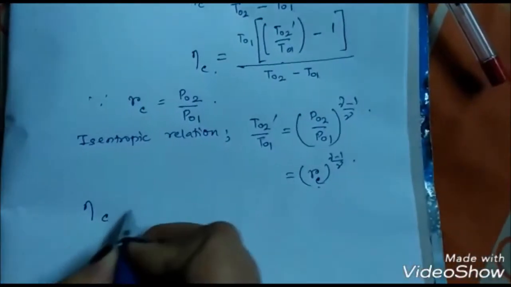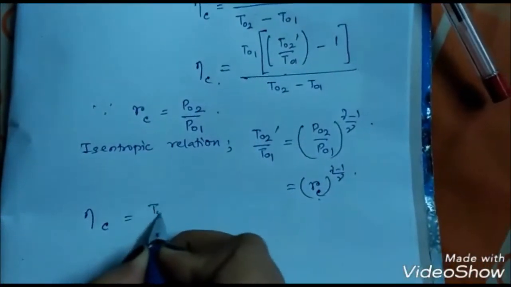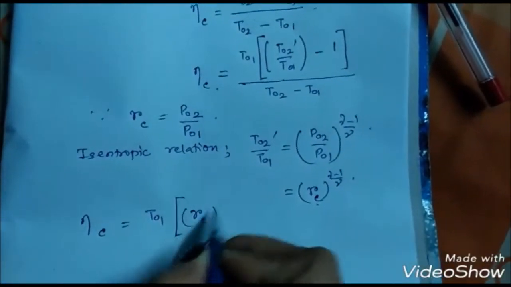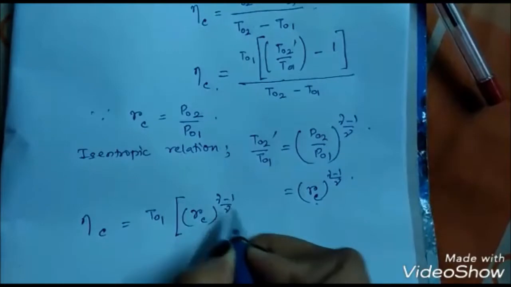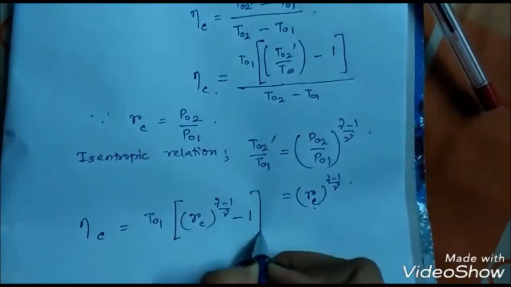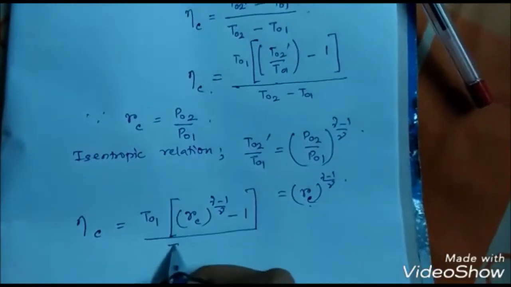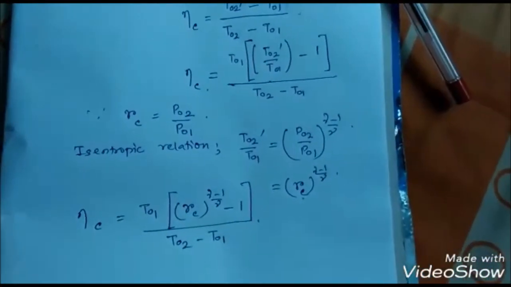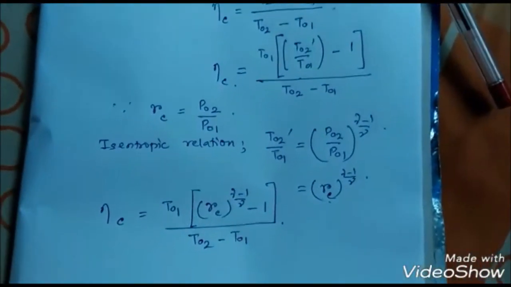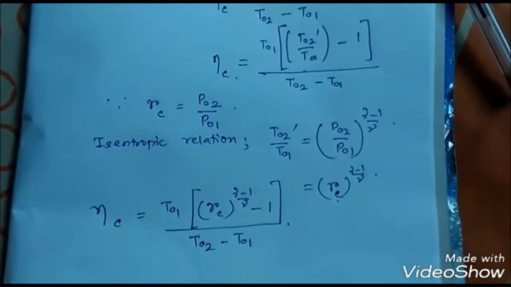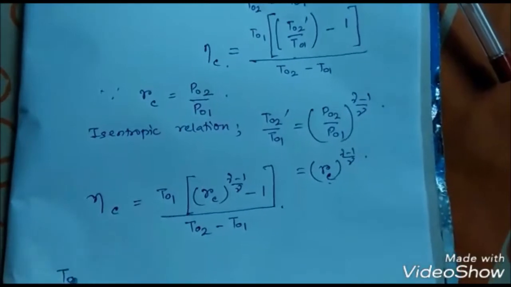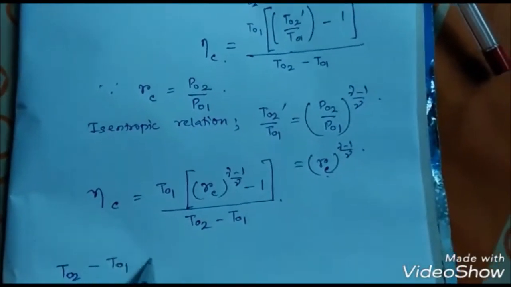Eta c equals T01 into Rc to the power gamma minus 1 by gamma, minus 1, by T02 minus T01. Is that clear? So usually when you solve any problem, you need to find T02 minus T01.